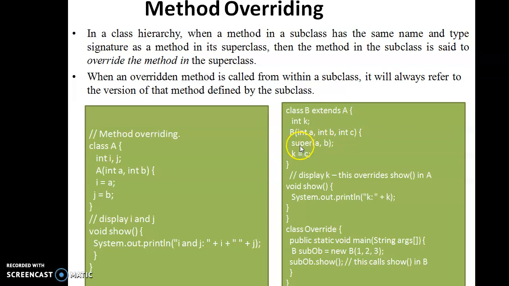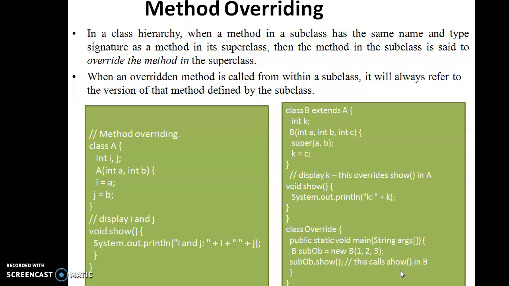We are calling the constructor of class A. Super of a, b means a will be 1 and b will be 2. I will get the value 1, J will get the value 2, and K value will be 3. See here, object dot show. This calls which method? This calls the method of B.